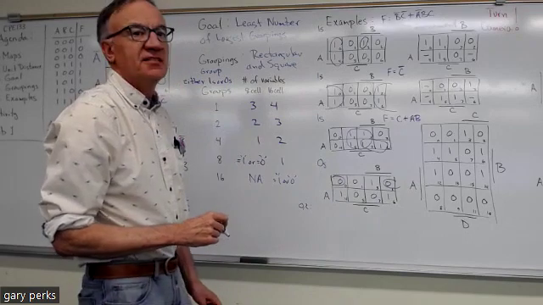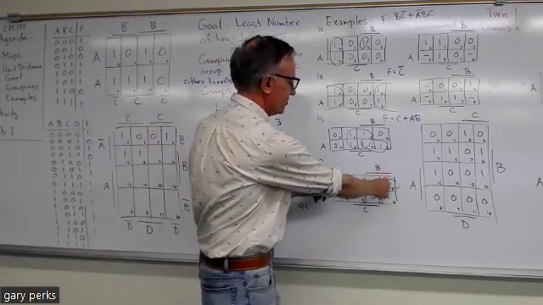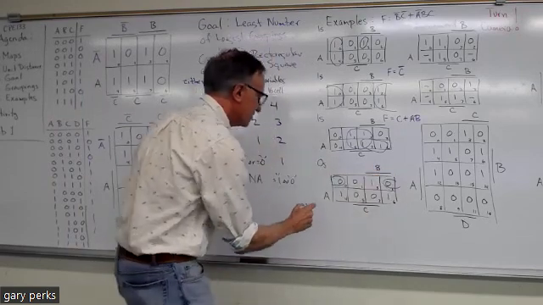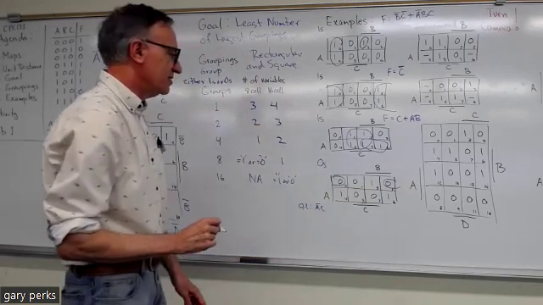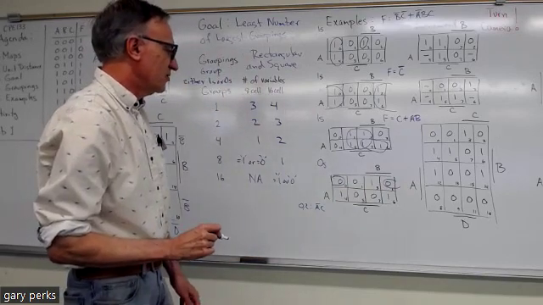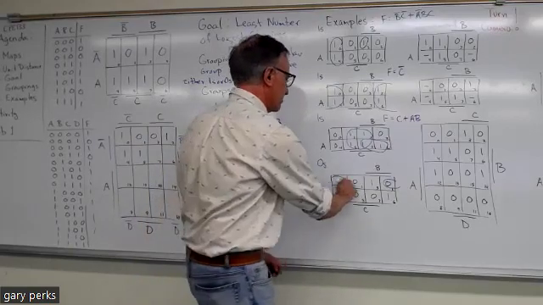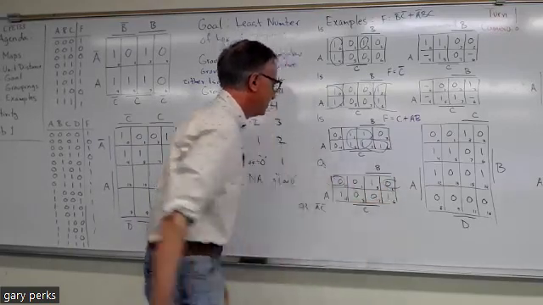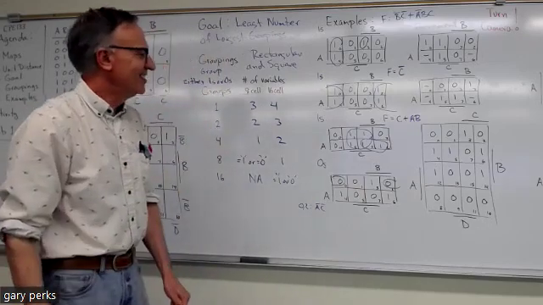Not A, not C, everybody agree with that? Because B changes, B over here, not B over here, so it's not A, not C. That's what you said, right? Not C, I just forgot the not for the C.